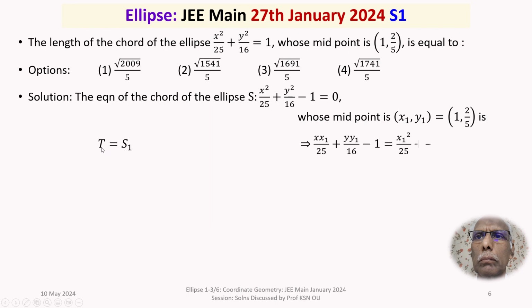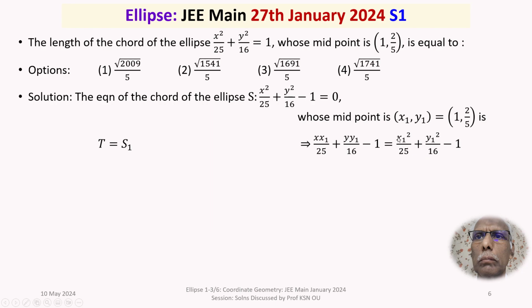T is the tangent equation at (x1, y1), that is x1 by 25 plus y1 by 16 minus 1. That is T is equal to S1.